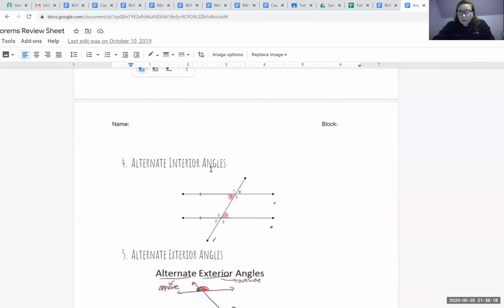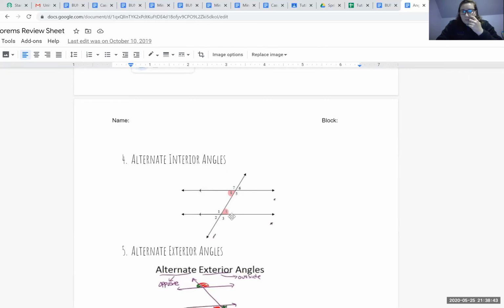So if we're looking at alternate interior, if we're looking at 7 and 5, those would be vertical. But with alternate interior, we're looking inside those 2 parallel, so like train tracks, parallel lines that are alternate, they're opposite each other, and they're the exact same measurement.